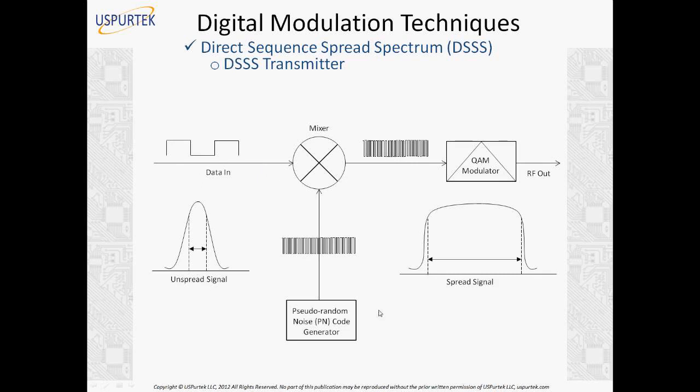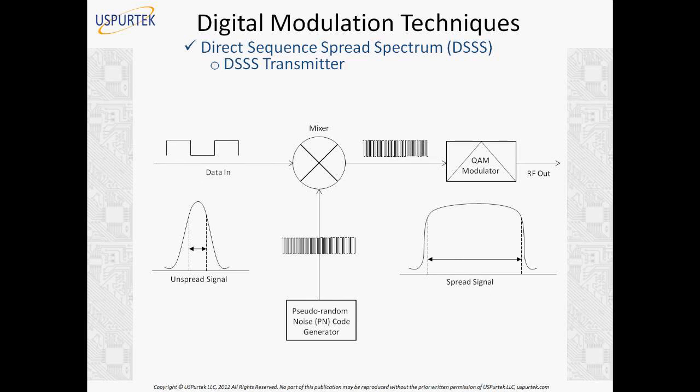Finally, we have a QAM modulator, which gives us the RF out, and this is the spread signal. Because of the phase coherence maintained in DSSS, we are able to use this spread spectrum technique in CDMA. CDMA uses DSSS, and many other wideband CDMA techniques too. So there we can use QAM and other techniques.